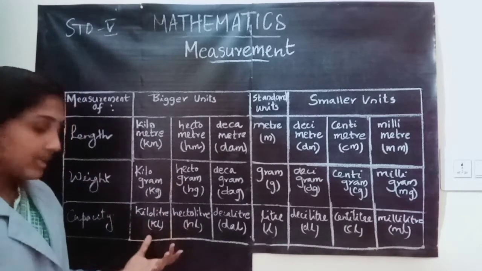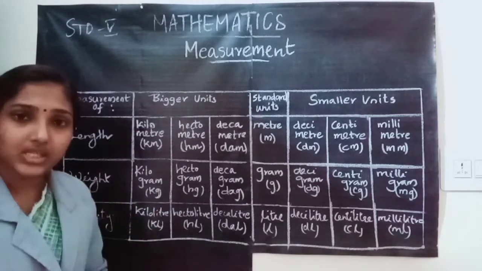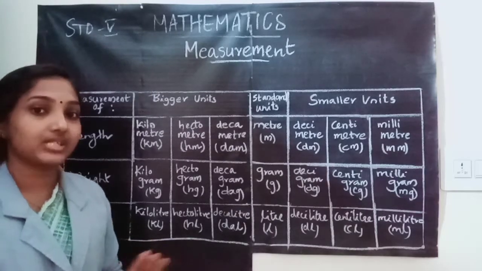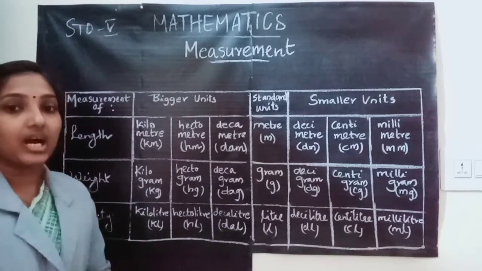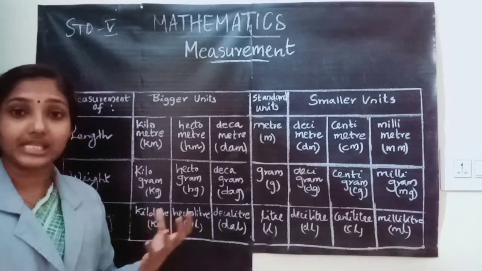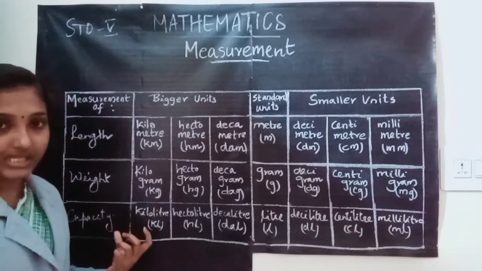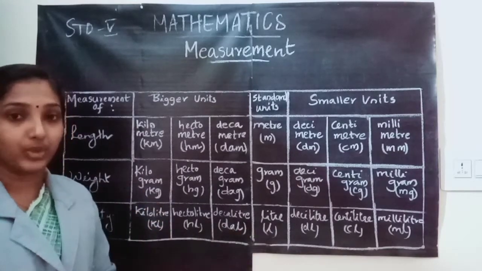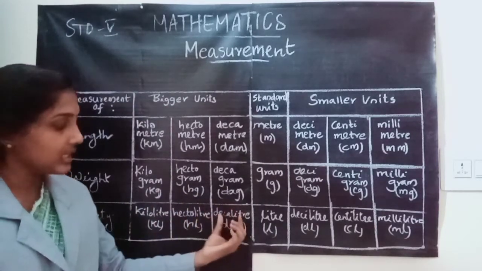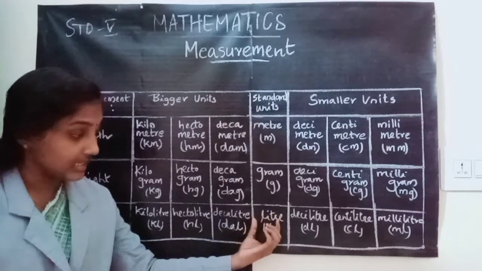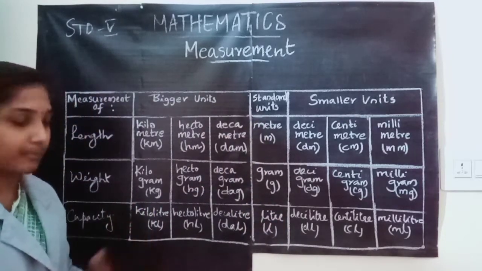Okay. And coming to capacity. What is called capacity? We have already studied in our chapter area, perimeter and volume. What is capacity? It is the amount of water that a container can hold. Right. So, to measure capacity, we have 7 units. They are kiloliter, hectoliter, decaliter, liter, and this liter is the standard unit of measuring capacity.